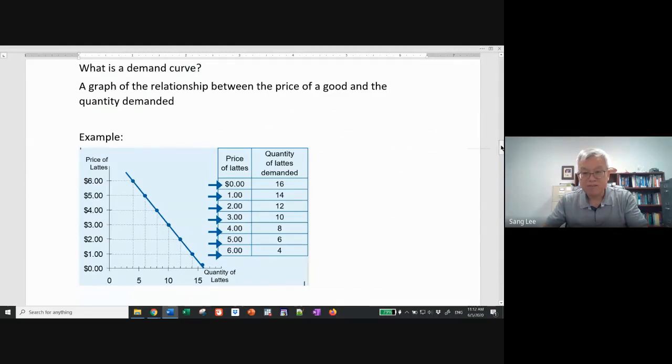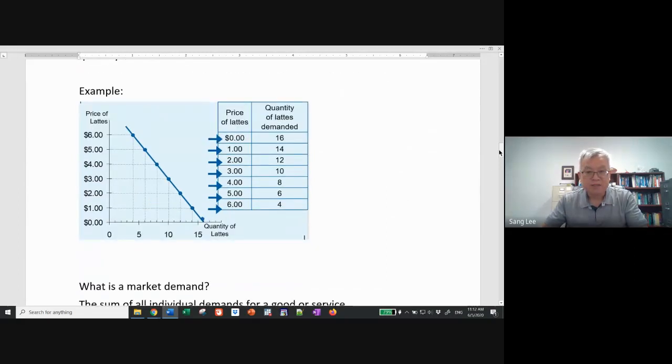Now here, we combined demand schedule and demand curve together. So here, as you can see, we have 1, 2, 3, 4, 5, 6, 7 different prices. And for each price, we have corresponding quantity demanded, 16, 14, 12, 10, 8, 6, 4.